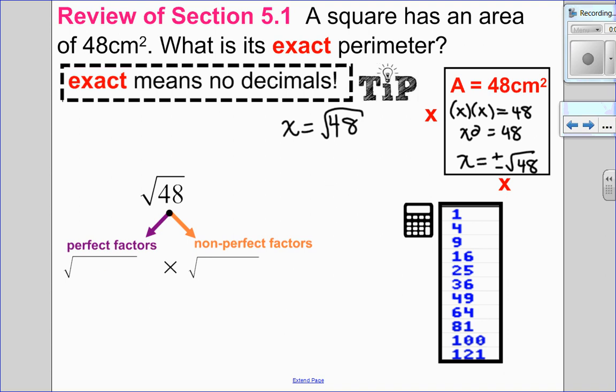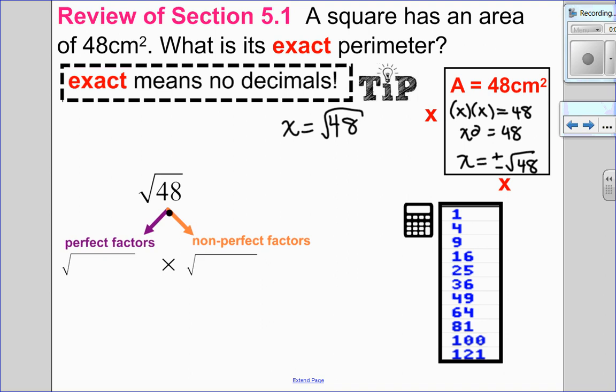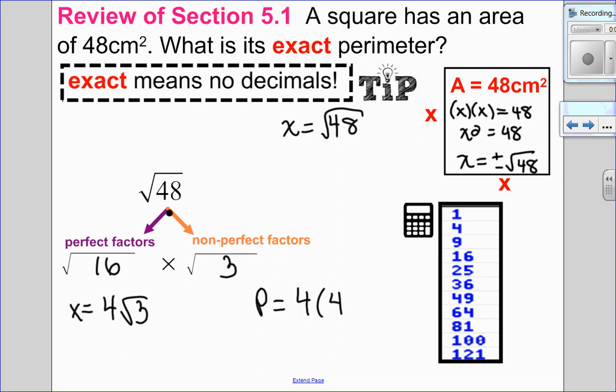So this breaks down into square root of 16 multiplied by 3. Square root of 16 is 4, so x, which is my side length, equals 4 root 3. To figure out my perimeter, I can add all the sides together, or since they're all the same, just multiply by 4. 4 times 4 is 16, so the perimeter is 16 root 3.